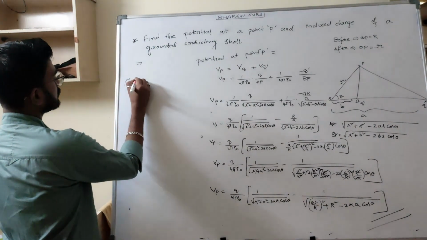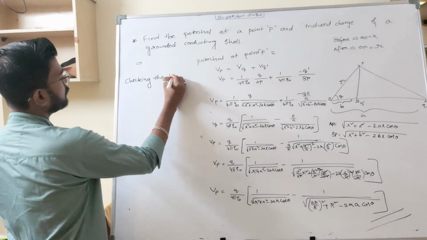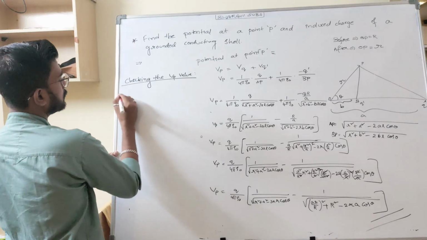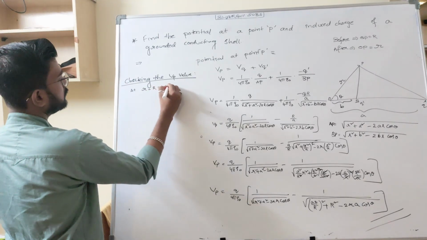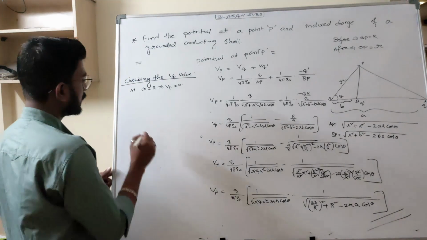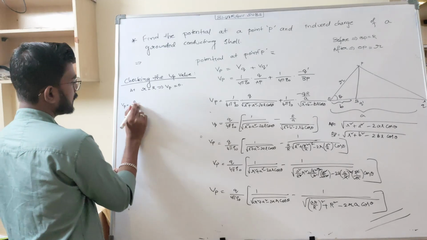Checking the VP value. So at small r equal to capital R, VP is equal to 0. So I have to confirm it. I took VP equal to Q by 4 pi epsilon naught.